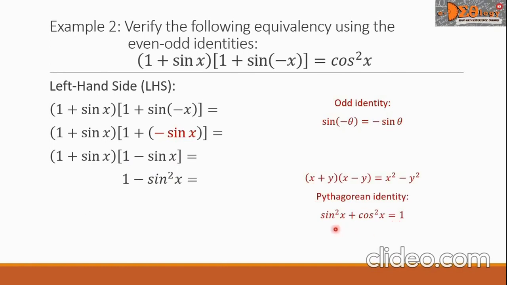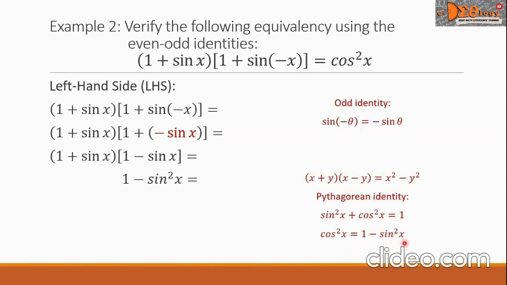Doing some manipulation on this formula, I will transpose the sine square x on the other side of the equation. The sign will change, so I have now cosine square x equals 1 minus sine square x.